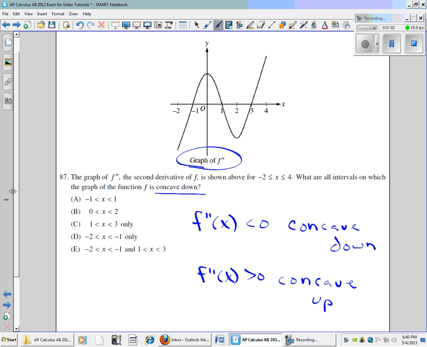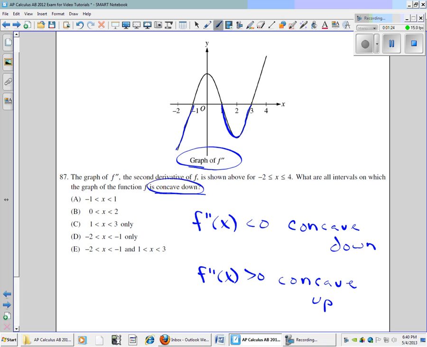And in this case, we want it concave down, so we're looking at everything that is below the x-axis, and that would be this part. So we want the notation, and normally I write in my class the interval notation, but here we don't have interval notation given, we're just given the normal notation.